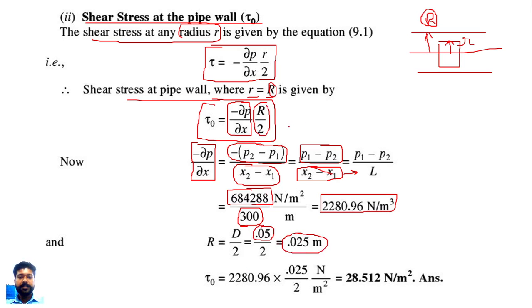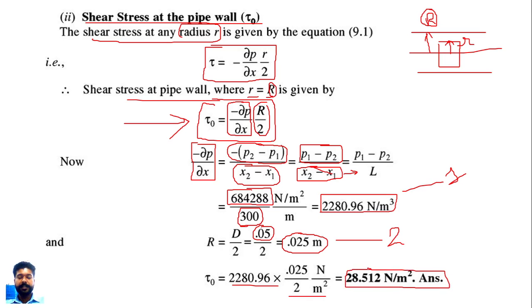By putting these two values in this equation, first we get del P upon del X, and by putting the second value in this equation, we get the shear stress, which is 28.51 Newton per meter square.